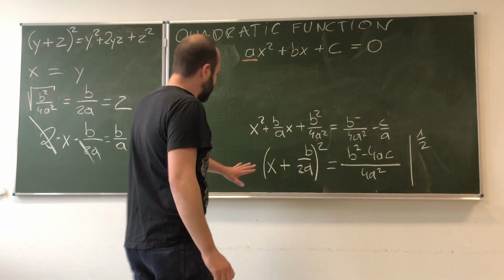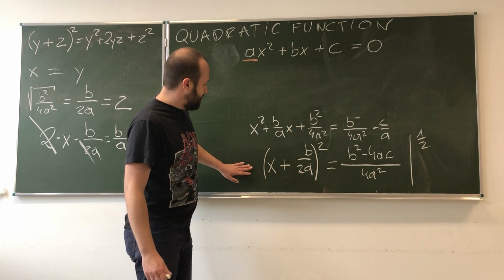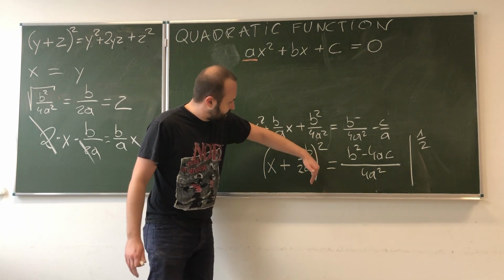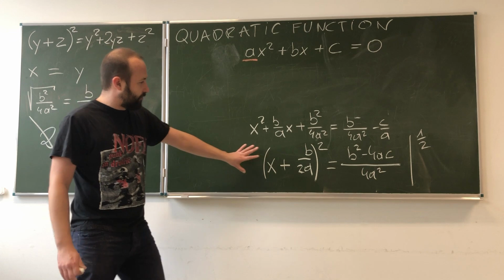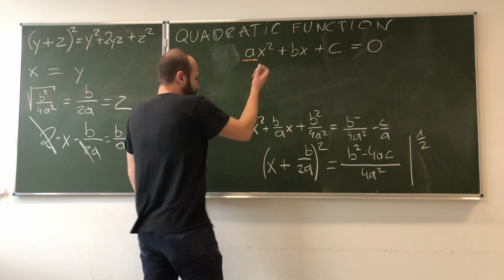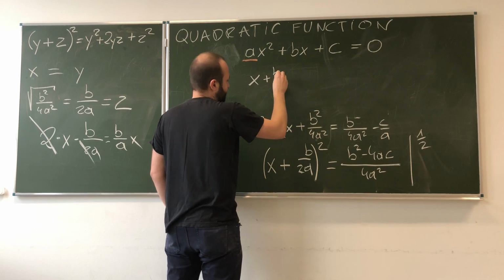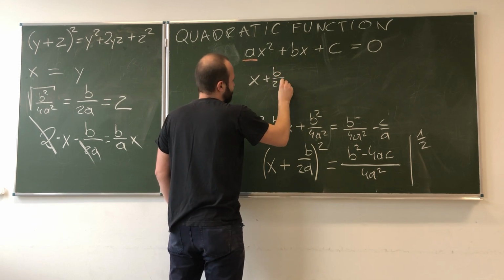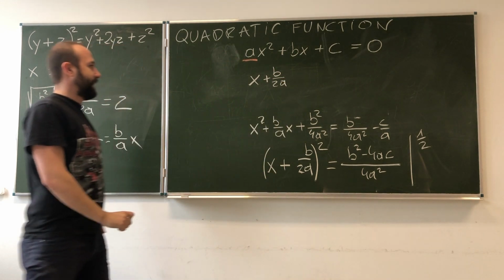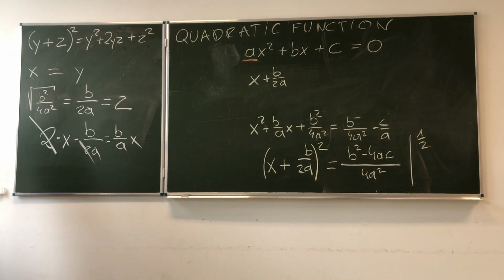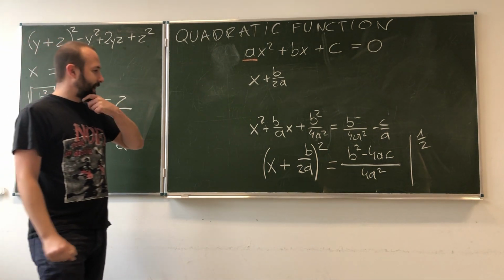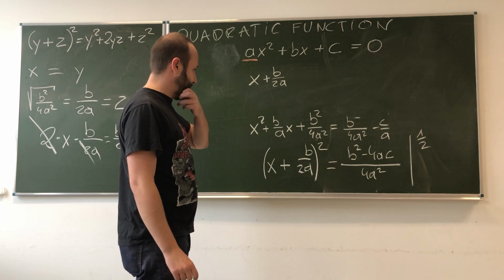Look, if I'm going to do this in case of this expression, it's really easy. All we obtain is x plus b over 2a, right? Now, what will we have on the other hand side?